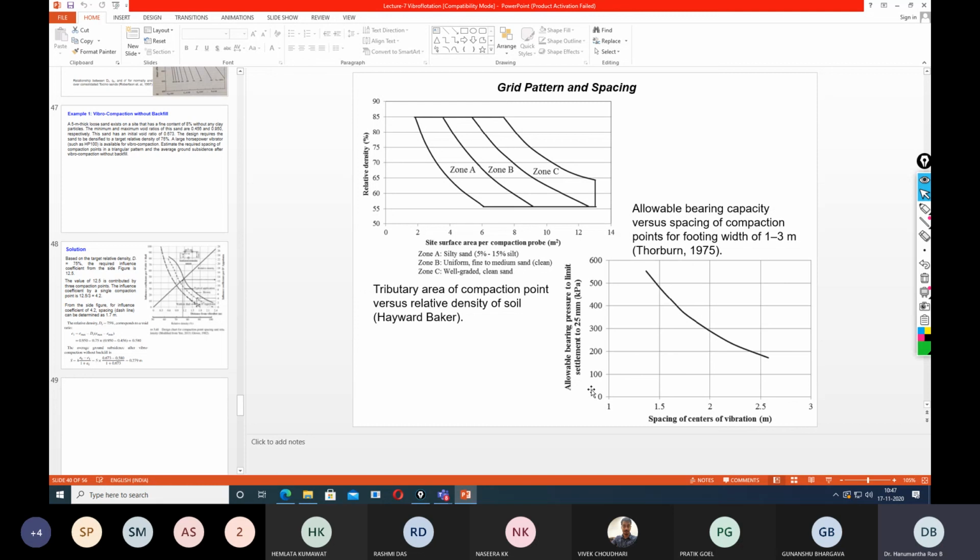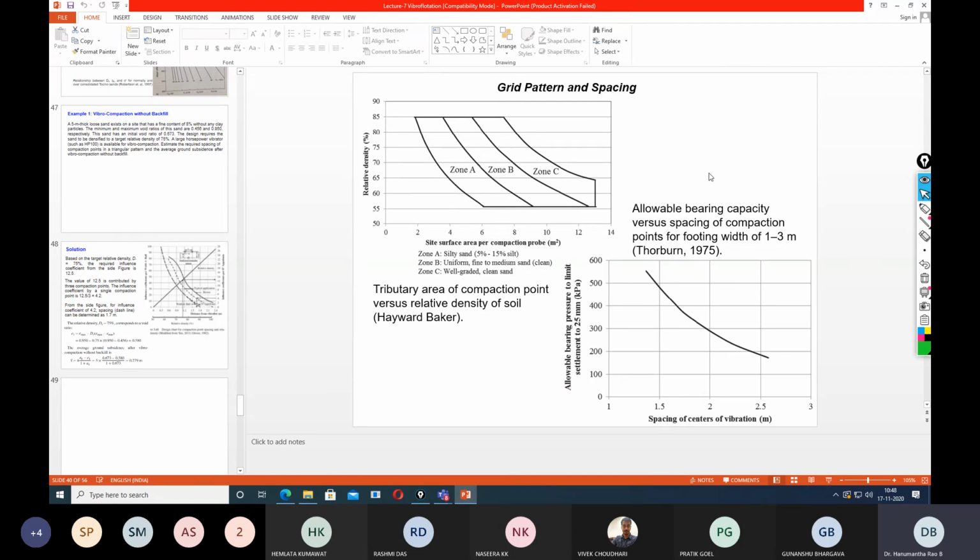Suppose if I know the allowable bearing pressure to limit settlement, that limit settlement is 25 millimeter, that means it is a typical ratio of allowable bearing pressure by limit settlement. If I know this value, then I can pick up the spacing to be adopted for the vibroflotation technique.